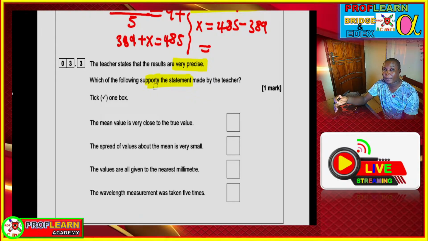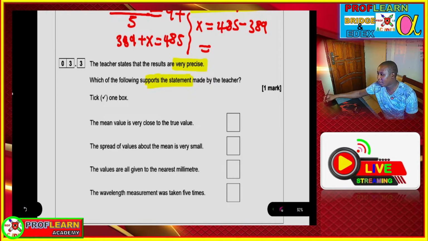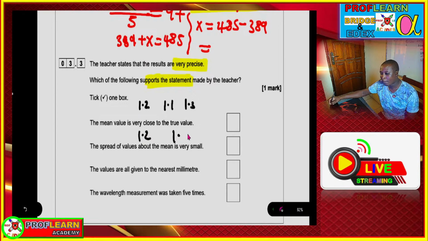All the spread from the mean is very small. When you take measurements and find they are precise, they may not be accurate, but they are precise because the readings are close. For instance, readings of 1.2, 1.1, 1.3 are precise because they are very close to each other. But 1.2, 1.7, 1.9 are not precise because the values are quite far from each other.